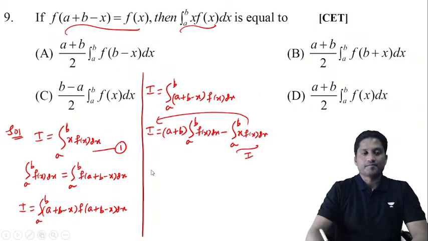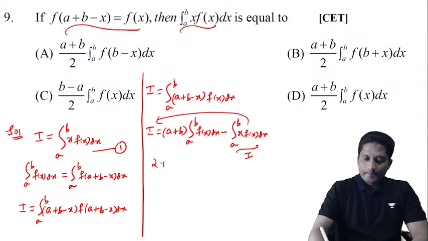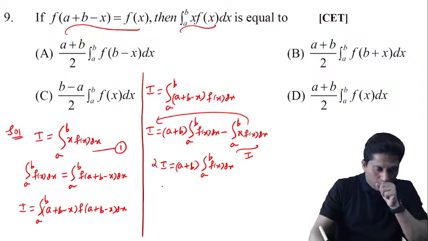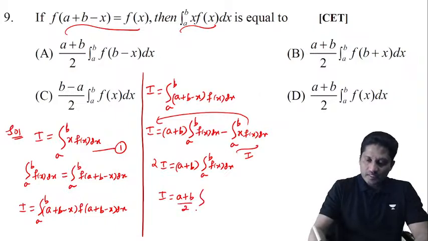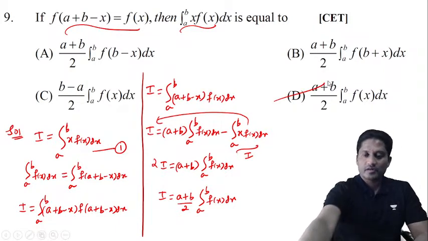Shift on the left side, it will be 2I. 2I is equal to a plus b, a to b f of x dx. I is equal to a plus b by 2 integration of a to b f of x dx. That's the last option D. A plus b by 2, a to b f x dx.